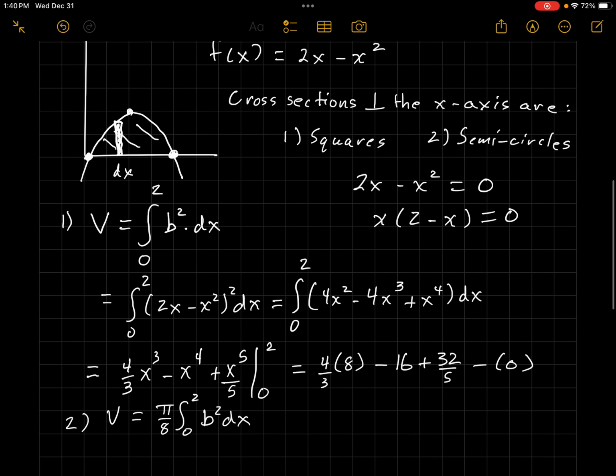And we don't really need to do much work because I did enough in the previous part. So it's simply pi over 8 times the volume you get when you use squares.